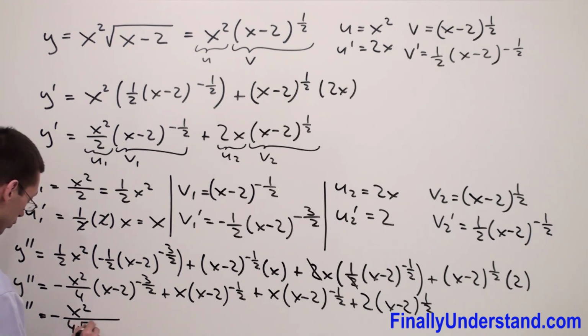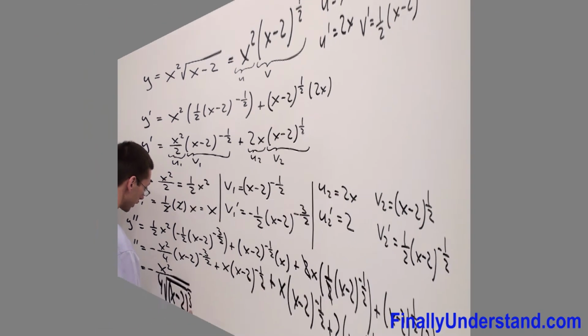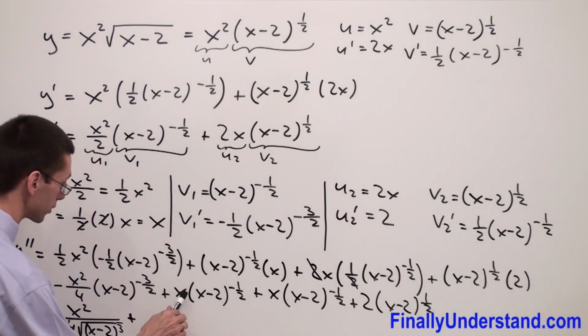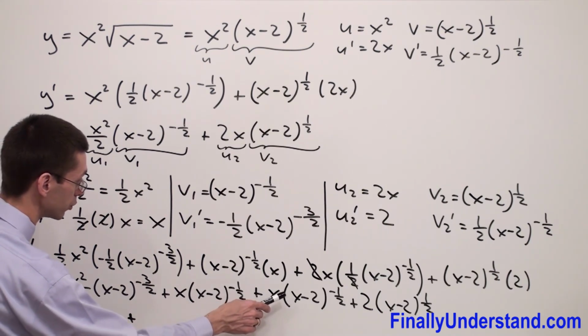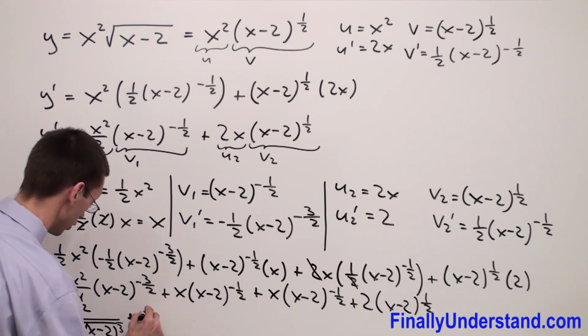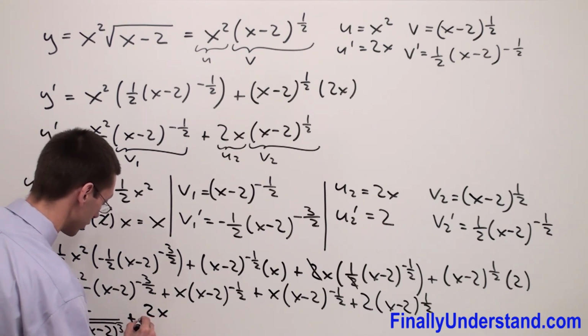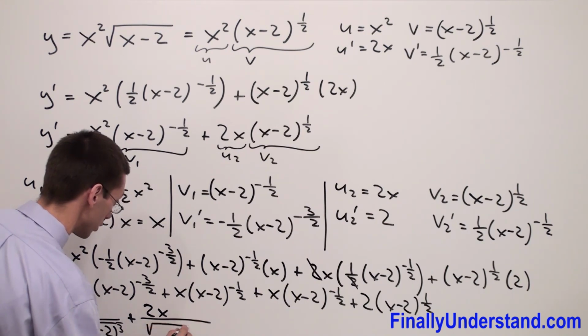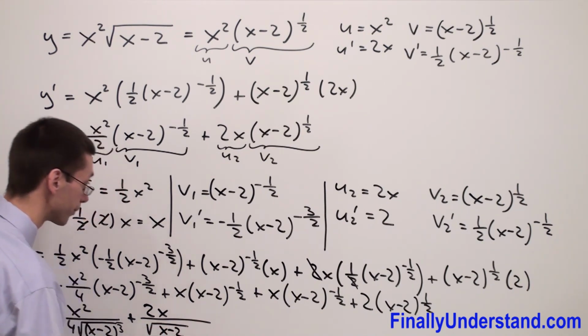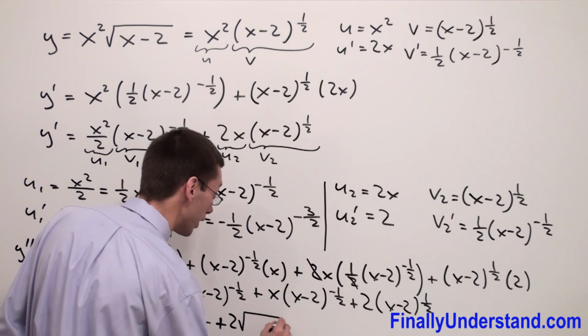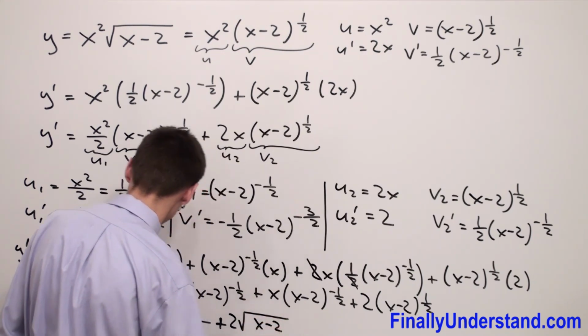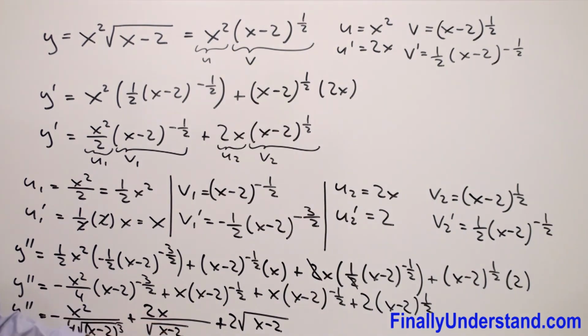So I'm going to have the square root of (x minus 2) to the third, okay, plus x times (x minus 2) to power negative 1/2 plus (x minus 2) to power 1/2 will give me 2x over the square root of (x minus 2), and I have plus 2 times the square root of (x minus 2). And this is my solution to this problem.